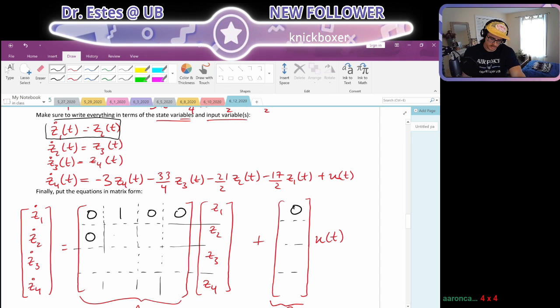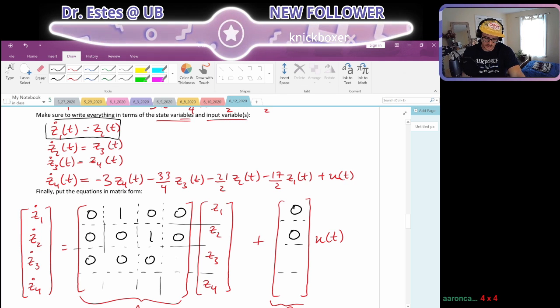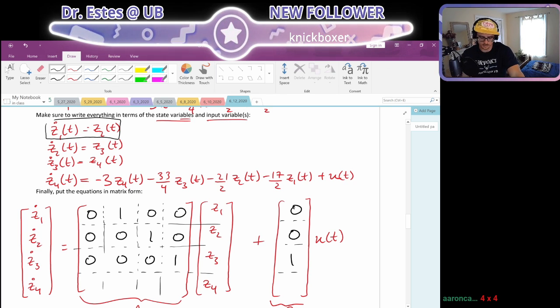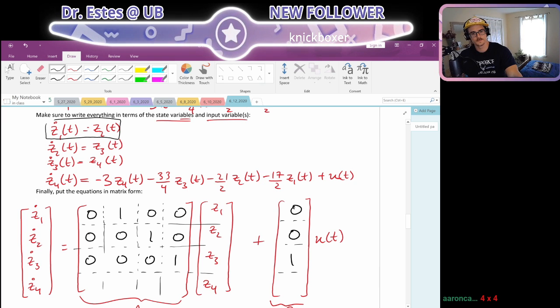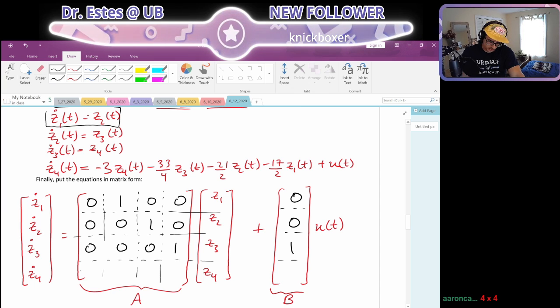Z2 dot is equal to Z3. Z3 dot is equal to Z4. So 0 times everything except for Z4. And this one always takes a little more work.